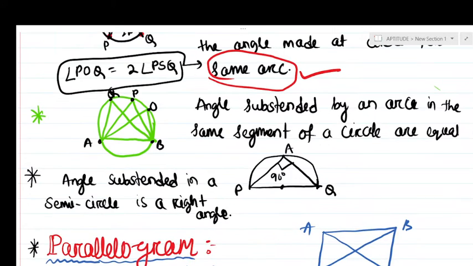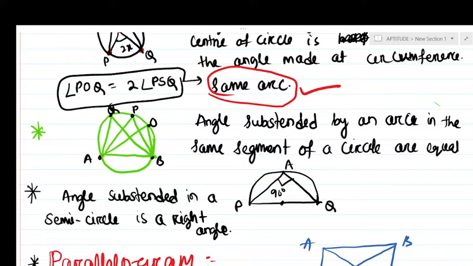And the next is, if AB is the line segment, and you draw the angles AOP, APB and AQB on the circumference of the same circle, then all these angles will be equal. This is another property.